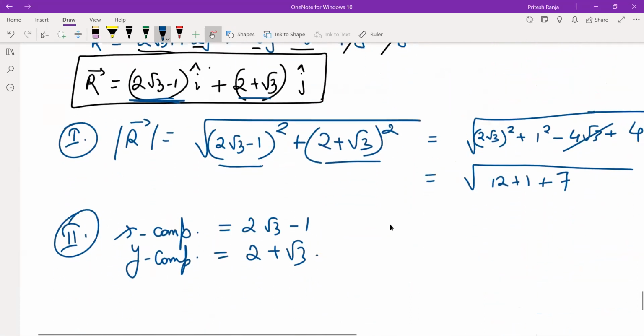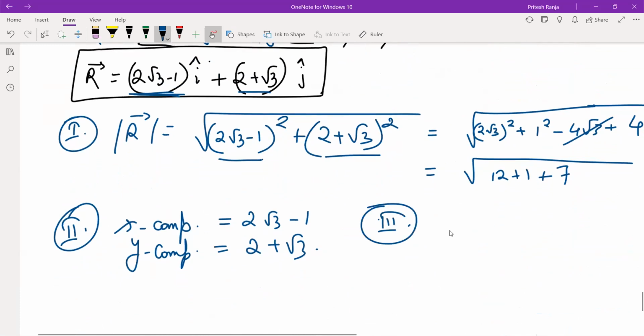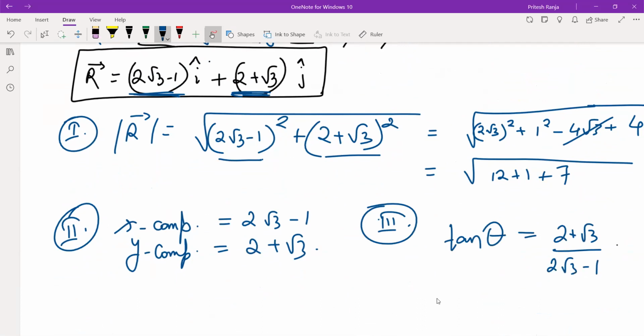So how will we find the angle? We knew the formula of this also. Let us suppose angle is theta, so tan theta will be y component divided by x component. So from here the angle will be tan inverse of 2 plus root 3 by 2 root 3 minus 1.